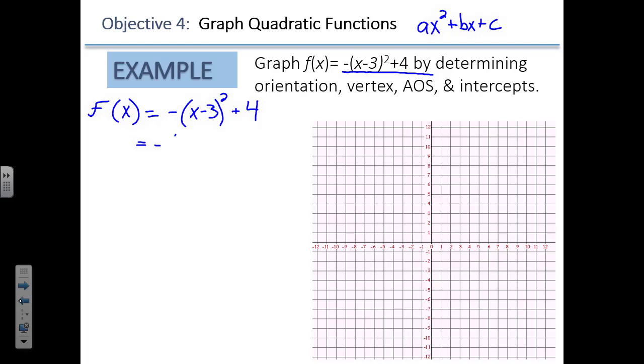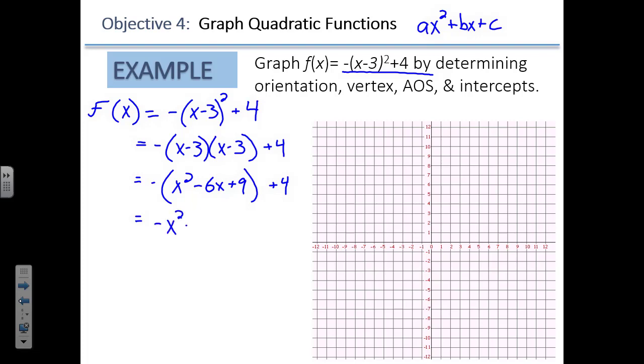This turns out to be negative (x minus 3) times (x minus 3) plus 4, or in other words, negative (x squared minus 6x plus 9) plus 4. Negative sign gets distributed in. We have negative x squared plus 6x minus 9 plus 4.